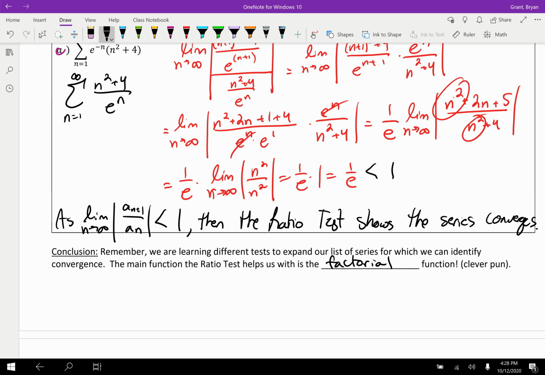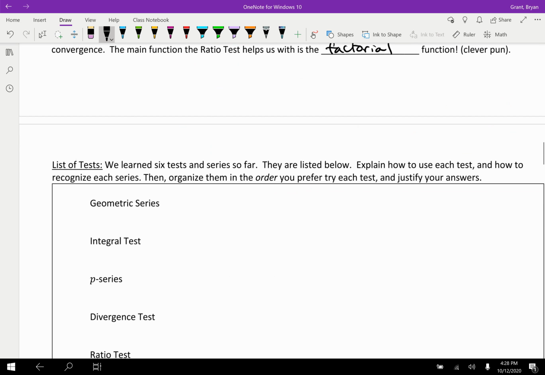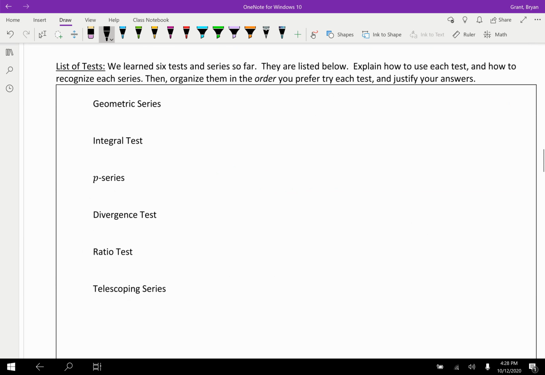And we end up using factorials all the time at the end of the semester. So you'll find that you really rely on the ratio test over every other test. That doesn't mean we won't use other tests, but we definitely need to be pretty confident with this ratio test. So in fact, we've actually learned 6 tests and or series so far. So I'd like you to just take a couple minutes and see if you know what each of these are.